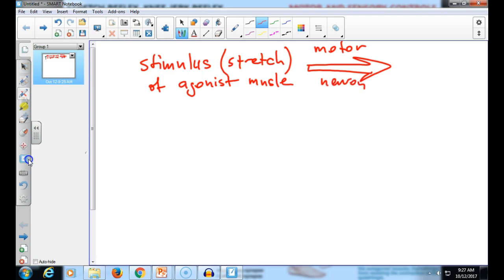Okay, where does the signal go? Dorsal horn of spinal cord. Does that make sense?